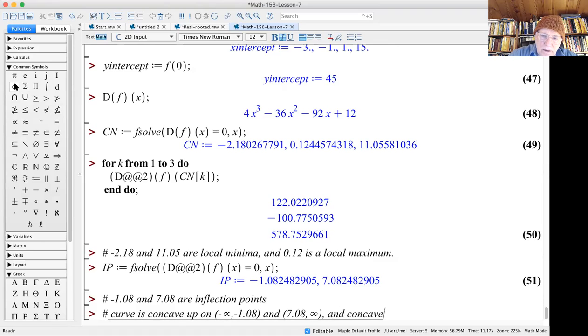And concave down on the interval from minus 1.08 to 7.08.